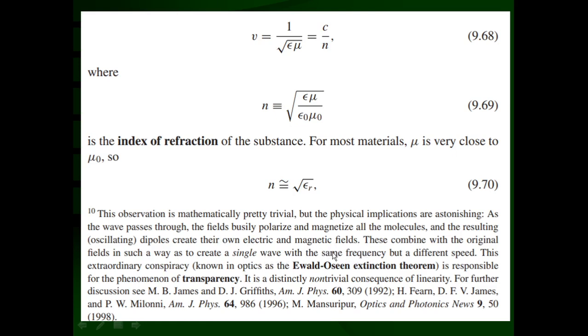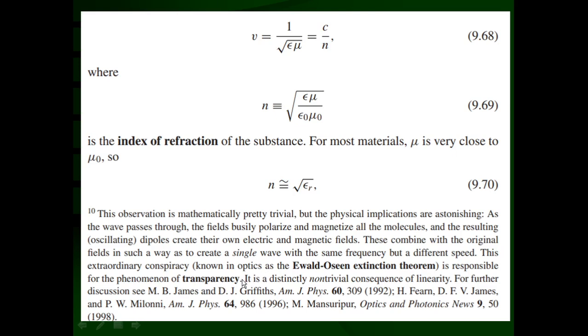So the resultant electromagnetic wave will have the same frequency but a different speed. This extraordinary conspiracy is known in optics as the Ewald-Oseen extinction theorem. This is an important result from electromagnetic waves in optics, and it is responsible for the phenomenon of transparency.